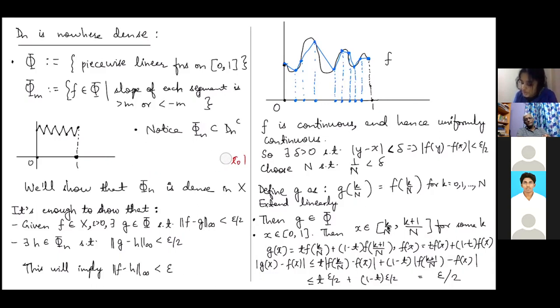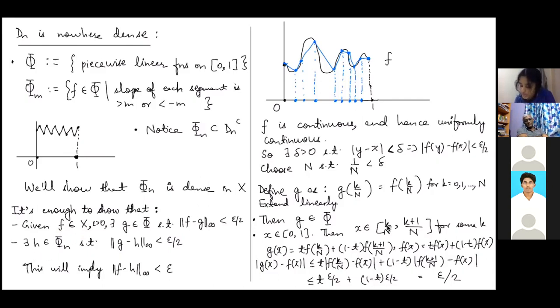And what we'll do is we'll show that phi n is dense in X. So what we need to show is that given any function f in X and an epsilon ball around f, there is an element of phi n in that epsilon ball. So we want to approximate f by a function h in phi n.